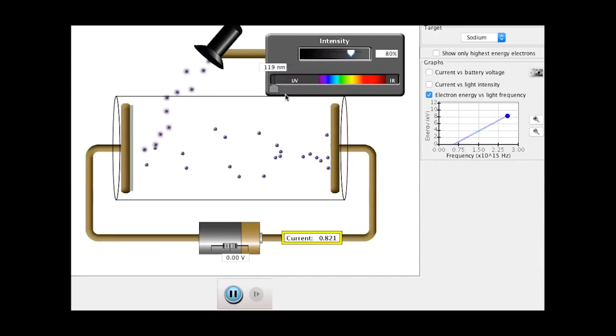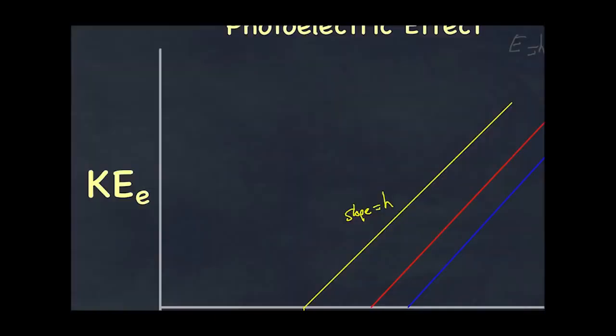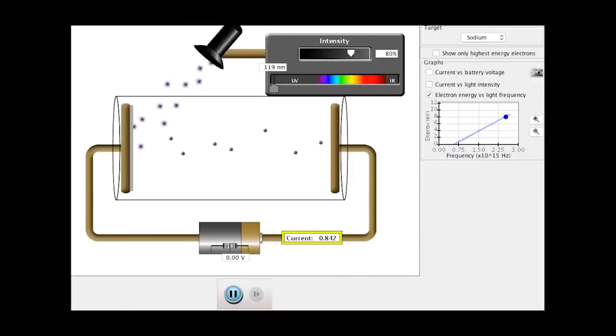So what's going on? The energy of the photon is equal to hf. But that energy is being absorbed by the electron, and the energy that is needed for it to be released is called the work function.